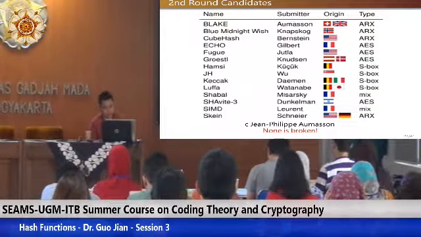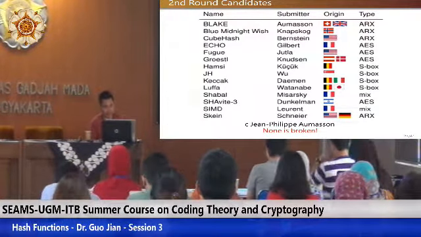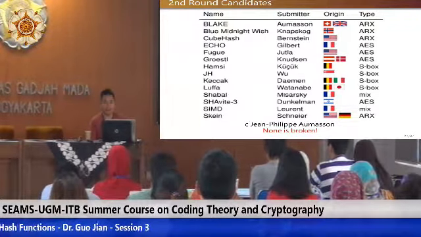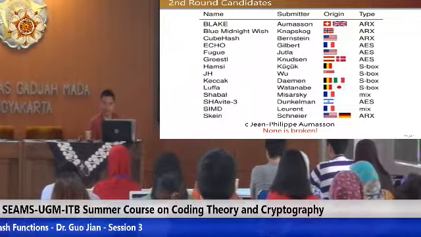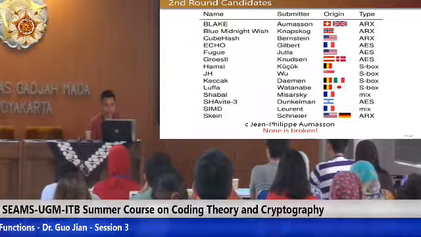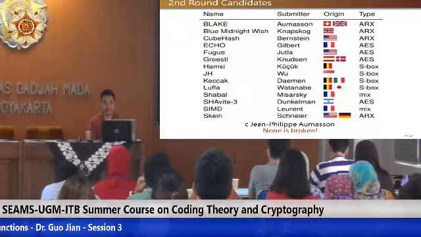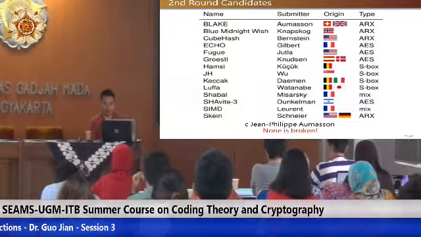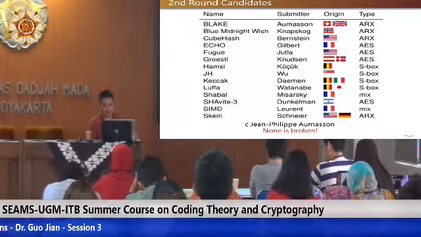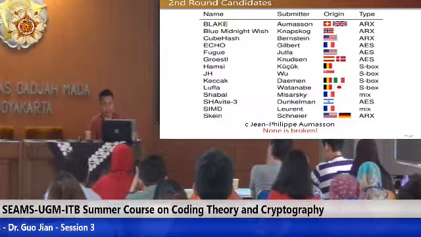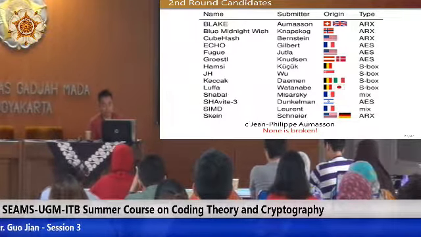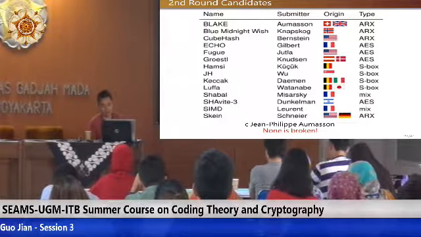There are several design strategies. There are a few ARX designs. ARX means designs using only addition, rotation, and XOR. And there are also AES-based designs. AES is the NIST standard for block cipher, okay? Advanced Encryption Standard. And there are also SBox-based designs.